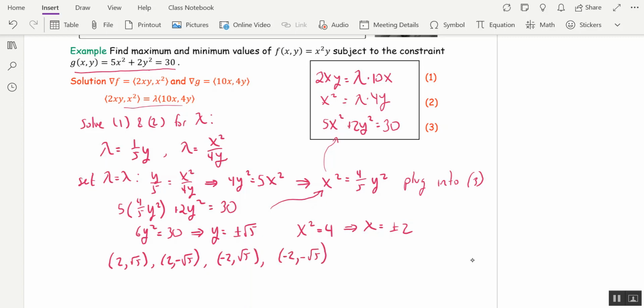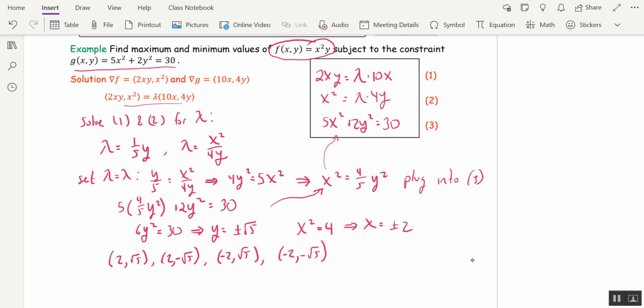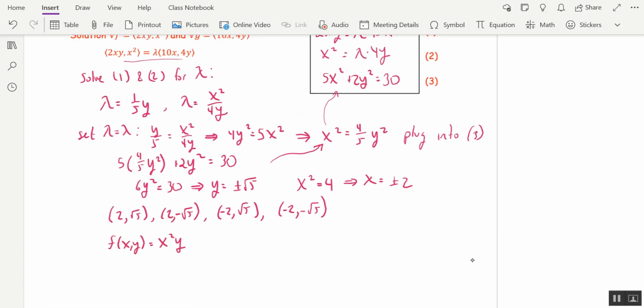All right, I want to plug all of those back into F. Up here, F of x, y is x squared times y. The largest number will give me the max. The smallest number will give me the min. Now, F of x, y squares the value of x. That means at either 2 or negative 2 for x, I'm going to get the same value. So F at plus or minus 2, root 5 is just going to be 4 root 5.